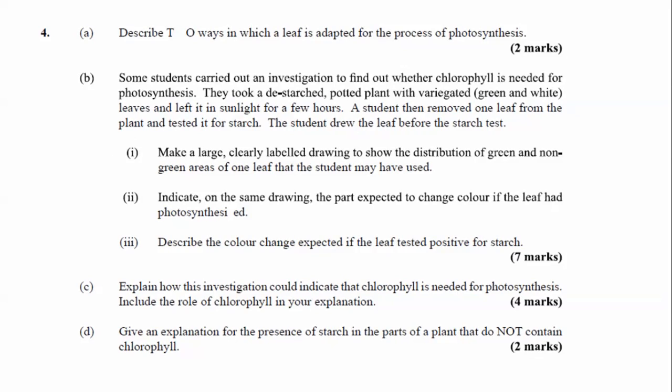Then you put it in a bath of water again to take off the ethanol, place it on a white tile, and place iodine on it. If the leaf remains the color of the iodine, then there's no starch, but if there's starch, it should turn a blue-black color. That's the process right there.